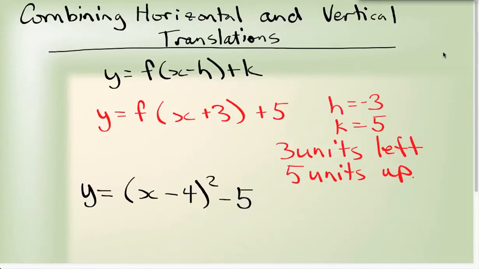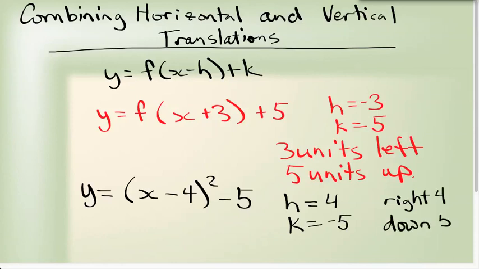It's got h equals positive 4, k equals minus 5. So what I'm going to do is shift that whole parabola to the right 4 and down 5. And that's what horizontal and vertical translations look like.